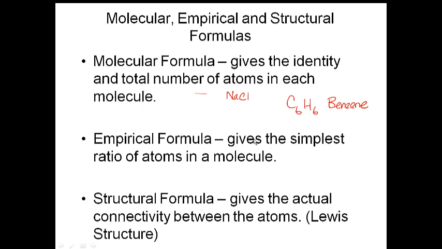Now, the difference between a molecular formula and an empirical formula is that the molecular formula gives you the exact number of atoms in the molecule. The empirical formula simply gives you the ratio. So the empirical formula of benzene would be CH, because you can divide by 6.